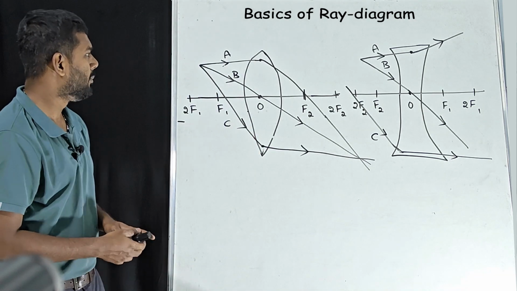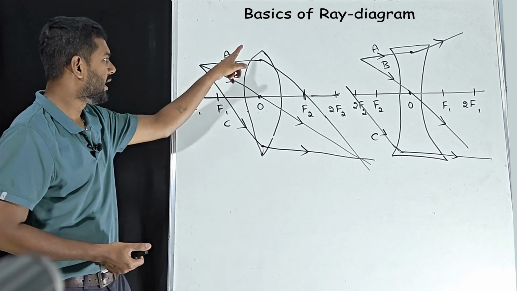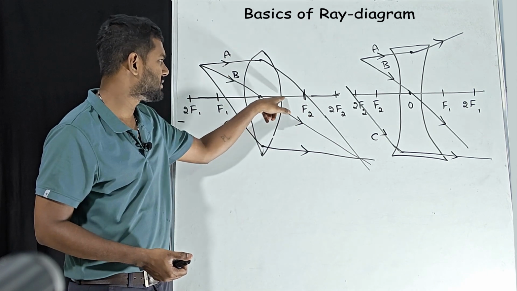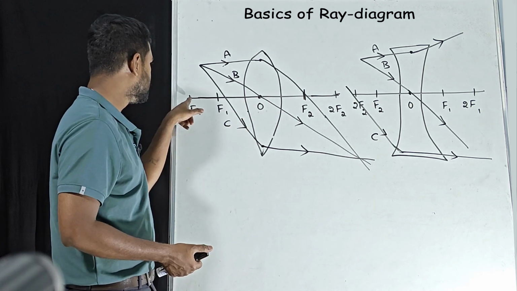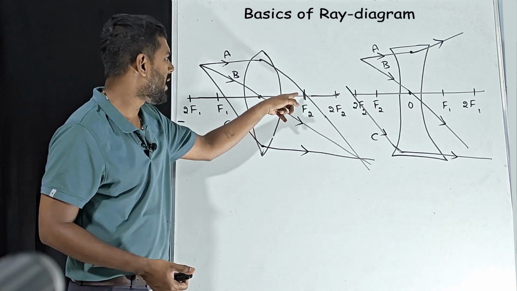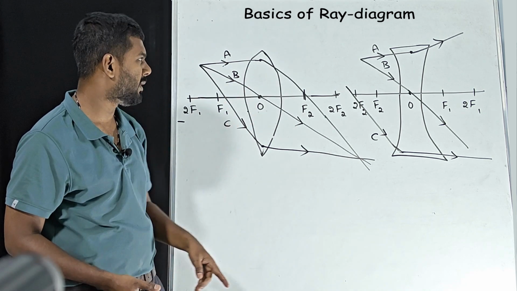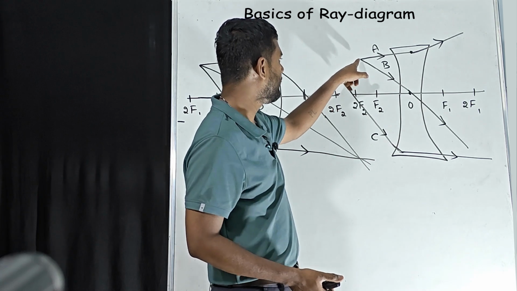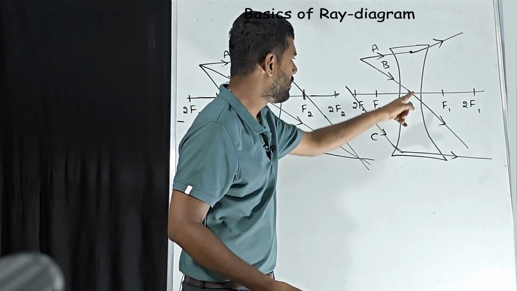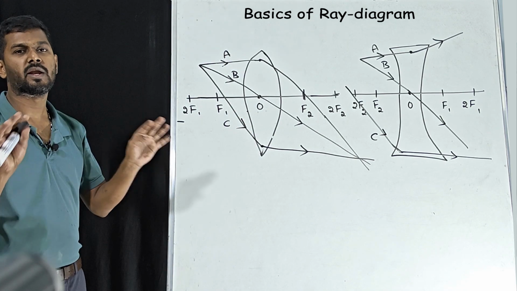But the only difference is, if the rays are parallel, in a convex lens it will converge, meaning it moves towards the principal axis, and that too passes through f2. You have to keep this in mind. But in a concave lens, if it is a parallel ray, after refraction it moves away from the principal axis. That's it. These are the basics of the ray diagram.